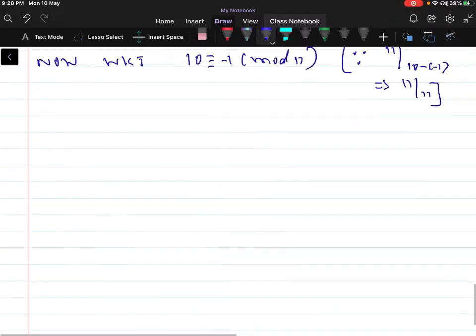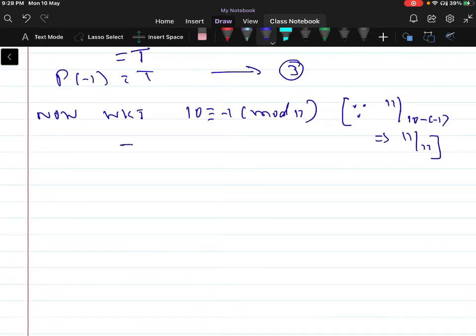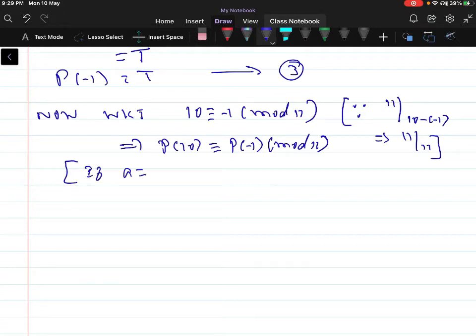So then this implies p of 10 is congruent to p of minus 1 modulo 11, since we can observe that if a is congruent to b modulo n, then p of a is congruent to p of b modulo n.